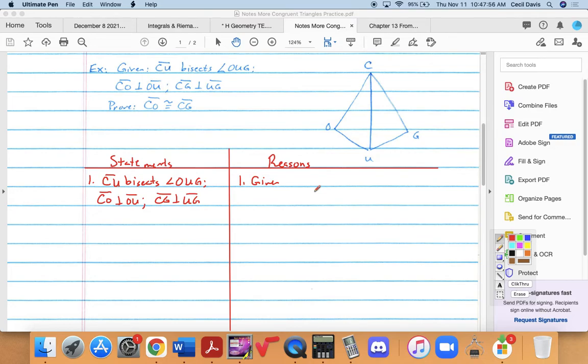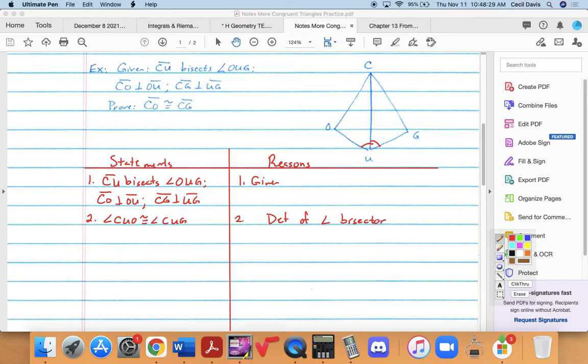So angle OUC is congruent to angle CUG, but OU isn't congruent to UG. Correct. So that's where we could go from the start. We could say that angle CUO is congruent to angle CUG by the definition of an angle bisector.